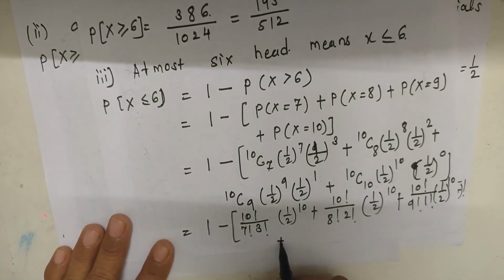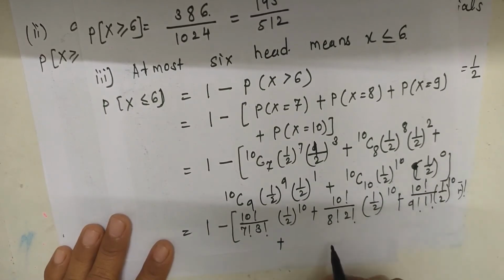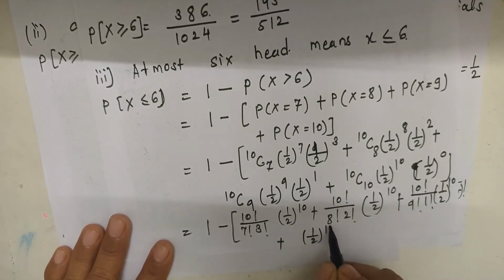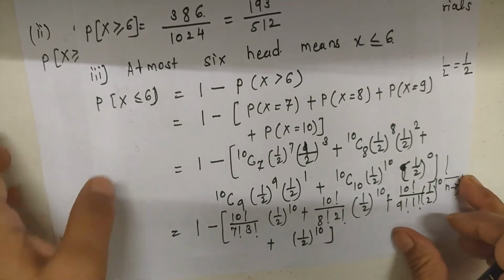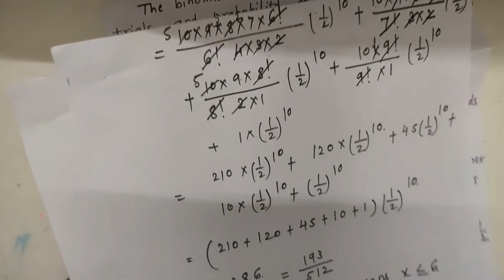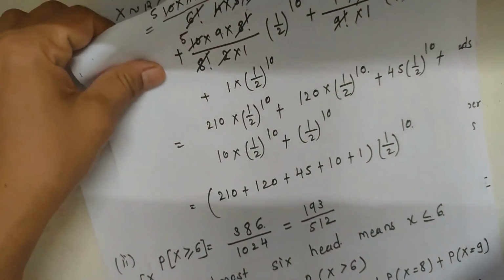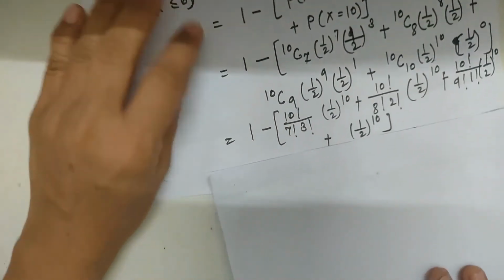Now the next value 10c10 means 1 and half raised to 10 into half raised to 0, that is half raised to 10. Here 1 by 2 raised to 10 is common.